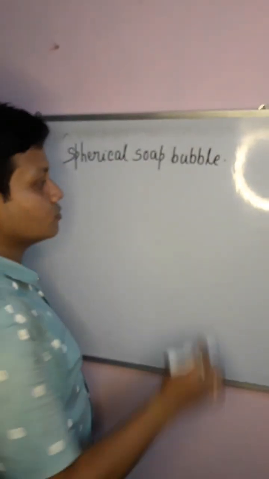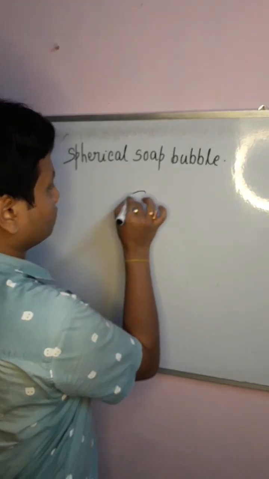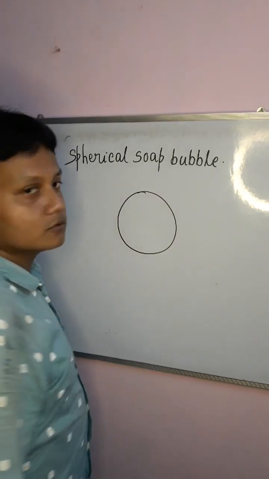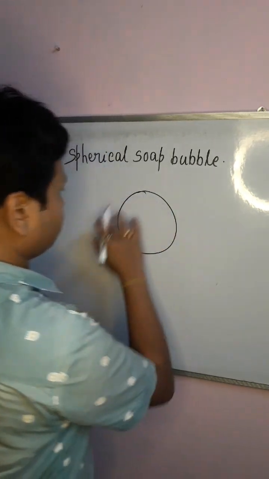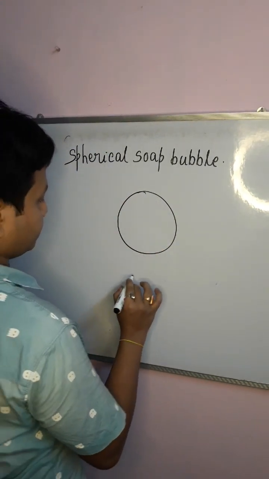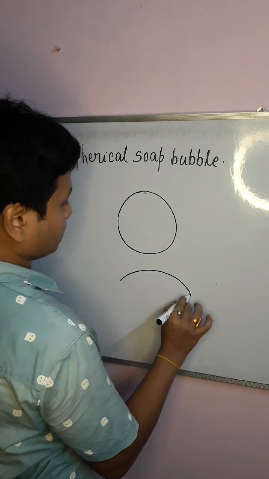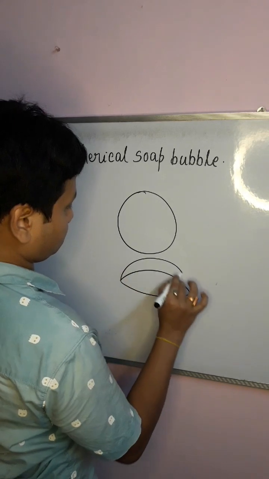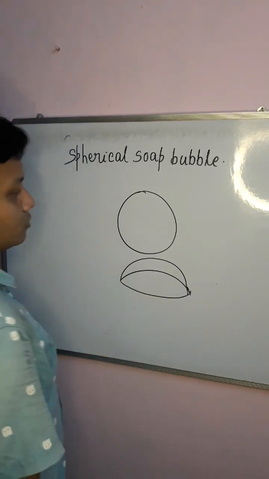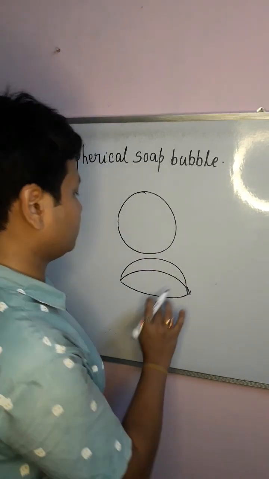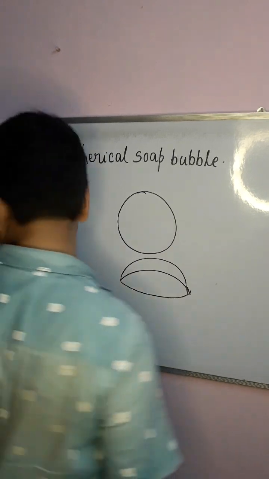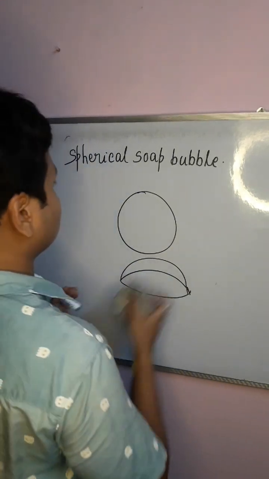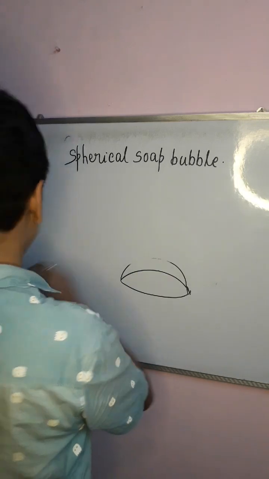A spherical soap bubble has a convex surface. Okay, how? If we draw this picture in another way, in the half portion, it looks like this.